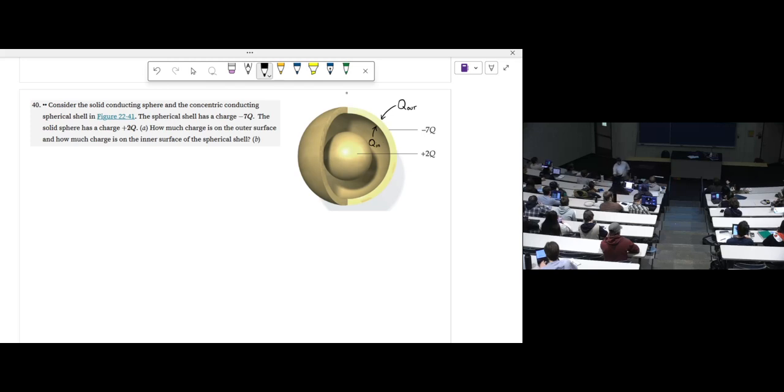If I use it first over the outside, the only thing that tells me is that the total charge inside of that sphere should be -5Q, right? It doesn't tell me necessarily where that -5Q exists, but just that I have to have -5Q inside of that sphere. You're a hair away from where we need to be.